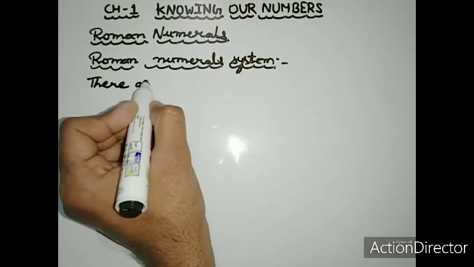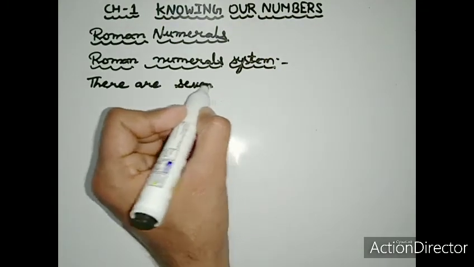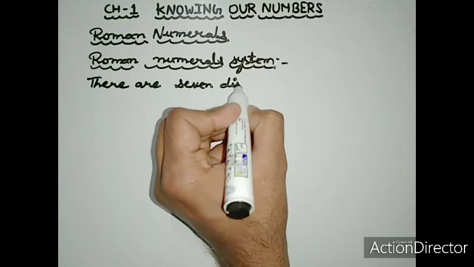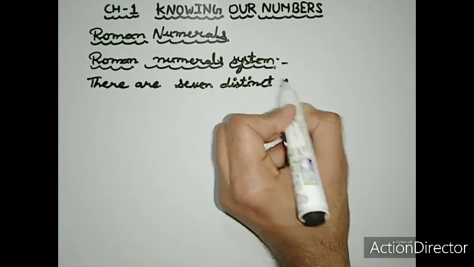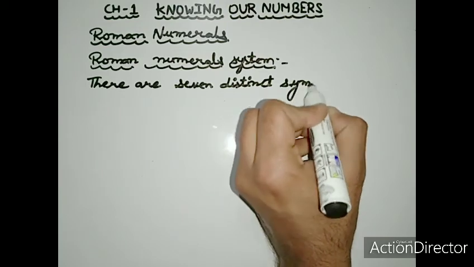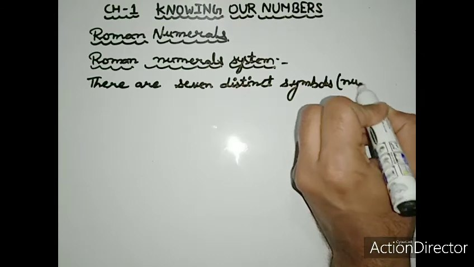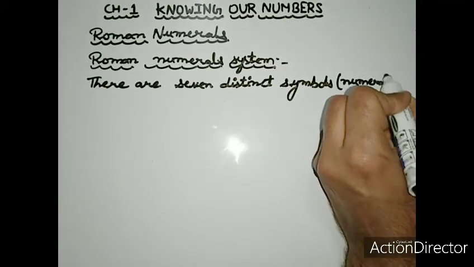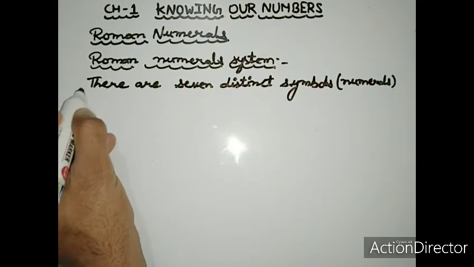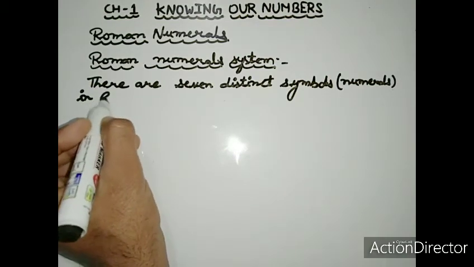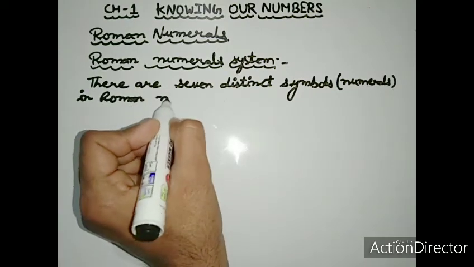So there are 7 distinct symbols, and we also call them numerals in the Roman numeral system.